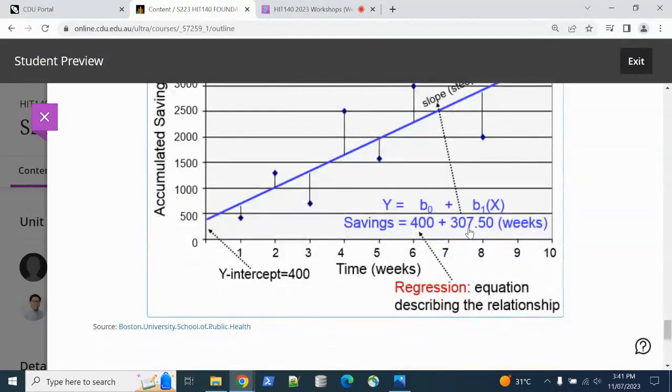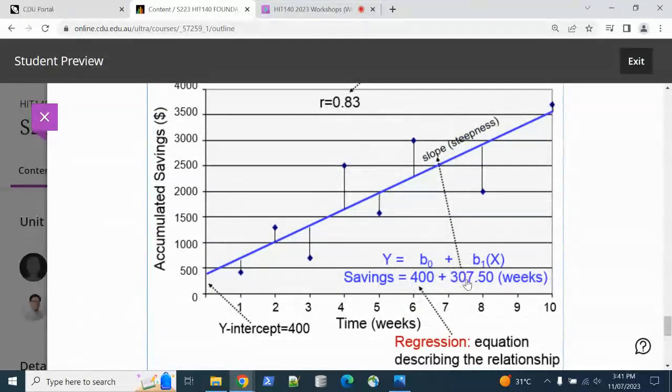How about the 307.50? That's the coefficient. What does it mean? This is the amount of change in the savings if you increase the weeks by 1 unit. If you increase the time by 1 week, then the savings will increase by this much.